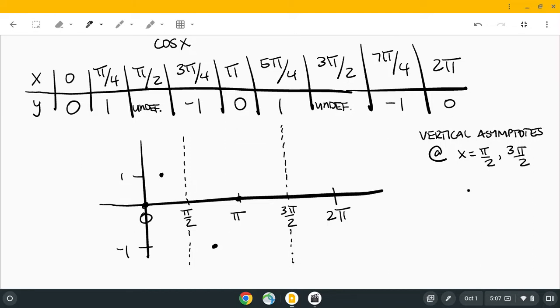Okay. 5 pi over 4, we get 1. 3 pi over 2, undefined, so no points there. 7 pi over 4, -1. 2 pi, 0. Okay, so let's take a look at what we have.